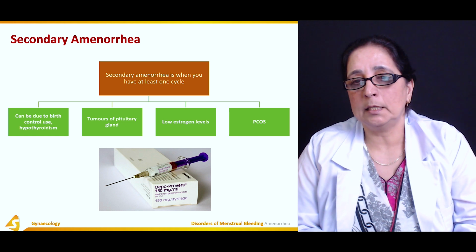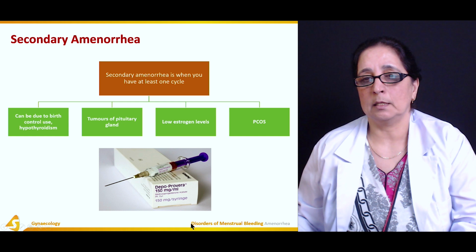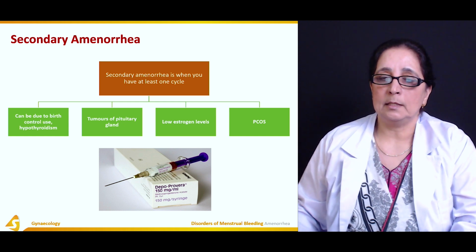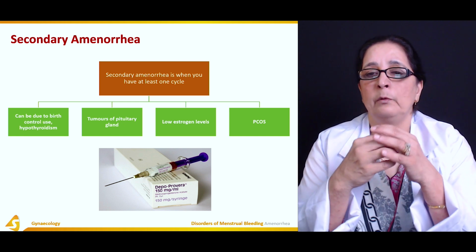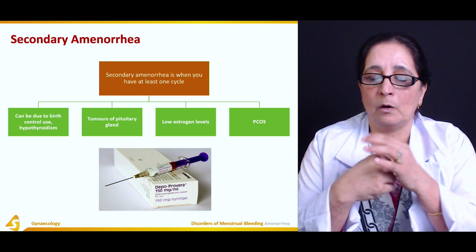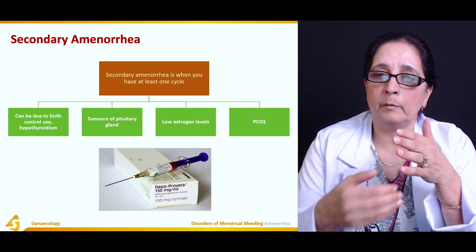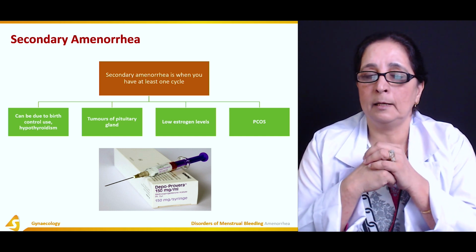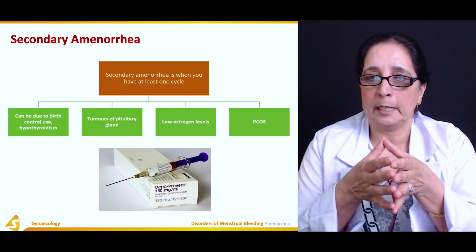Then polycystic ovarian syndrome. PCOS stands for polycystic ovarian syndrome. It's a disorder in which the ovaries develop multiple fluid-filled sacs or cysts, and they are not producing normal hormones, and no ovulation is occurring in the ovaries, so no conception.